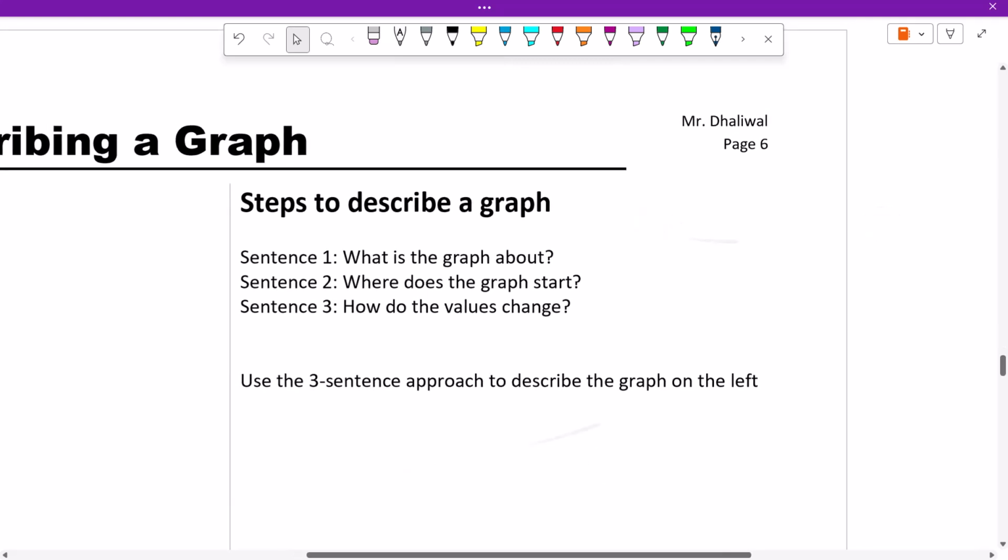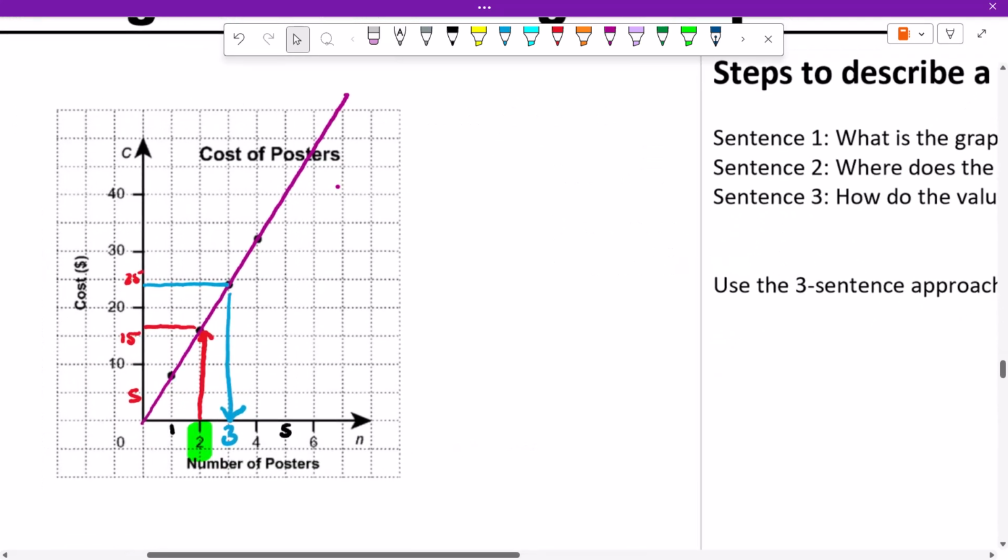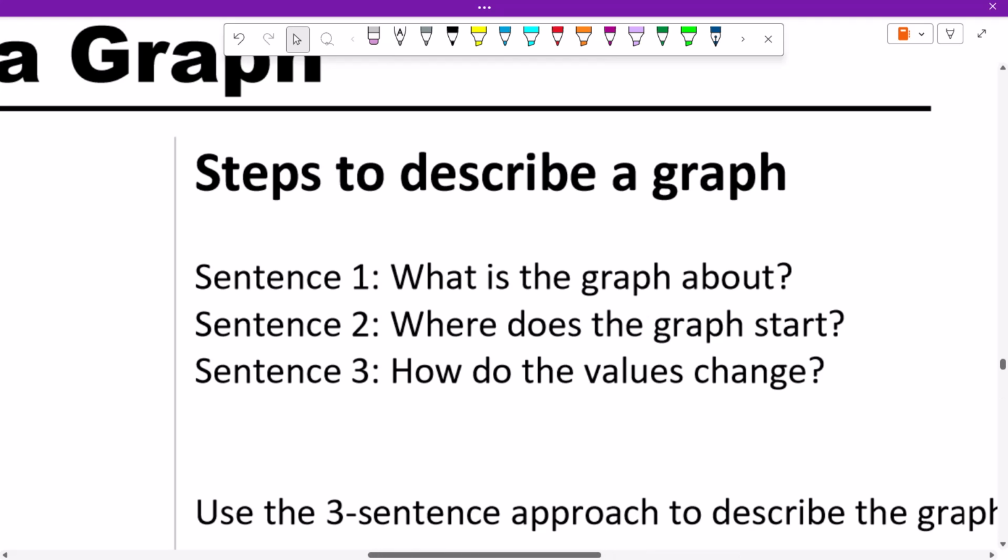Okay, so I have this picture here of a graph, and you need to be able to describe it to somebody without them seeing it. So there's 3 parts to describe it. I'll tell you what these 3 parts are on the quizzes and the tests. The first sentence is you talk about what the graph is about.